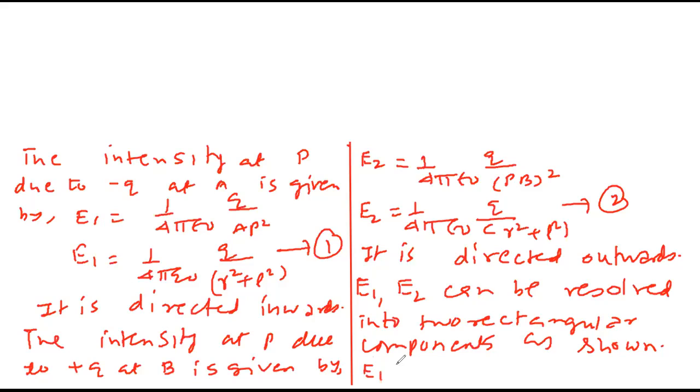E1 sin theta and E2 sin theta: the values of E1 and E2 are the same. So E1 sin theta and E2 sin theta are equal and opposite, hence they cancel each other. Write this much, then I'm explaining further.